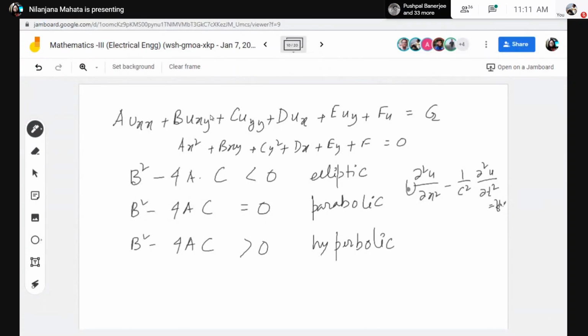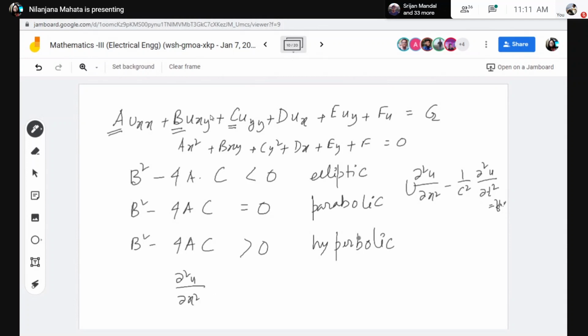I'm sorry, there is nothing. That is your coefficient is 1 here. Can you tell the nature of this equation? Compare with A, B and C. Or this is very simple, del 2 u.